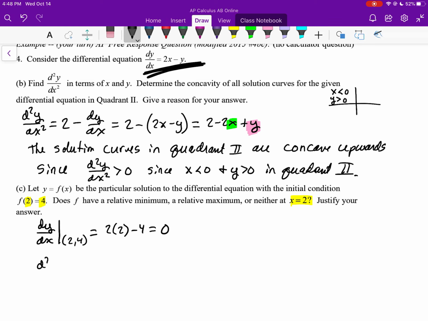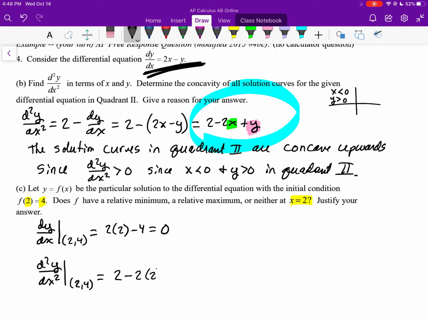Second derivative, d squared y/dx squared, evaluated at the point (2, 4) is going to give us what? Now we're using our second derivative, which is this part right over there. And if we use that part, we are going to get 2 minus 2 times 2 plus 4.